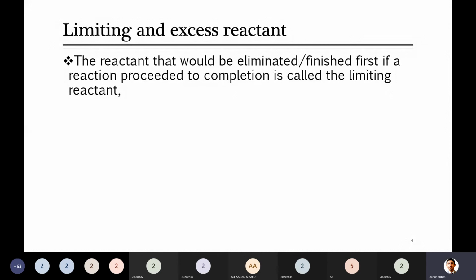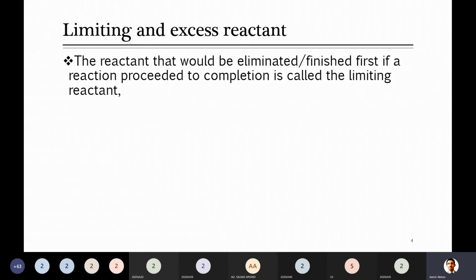That's called the limiting reactant. When you look at these two reactants, for example C7H16 reacting with oxygen, it was in the ratio of 1:11, but let's say there are 5 moles of C7H16 and 50 moles of oxygen.